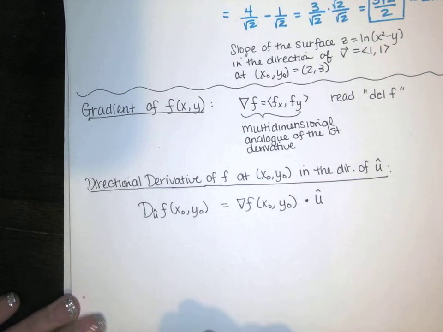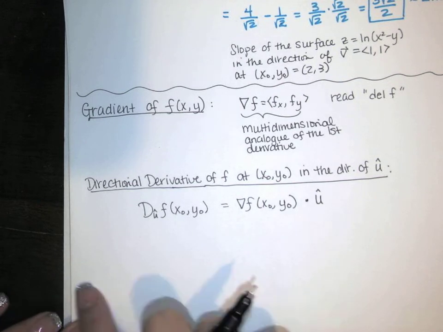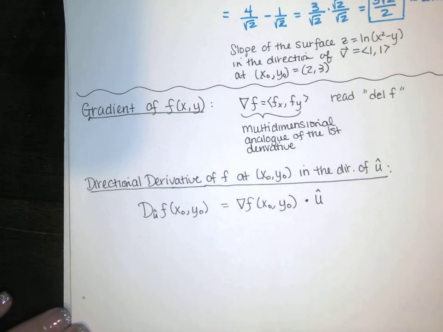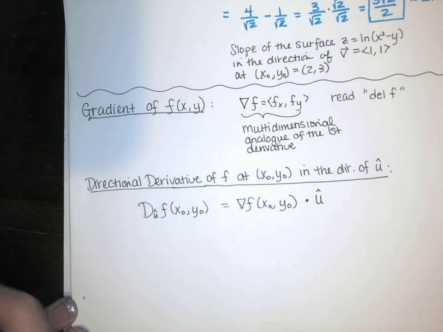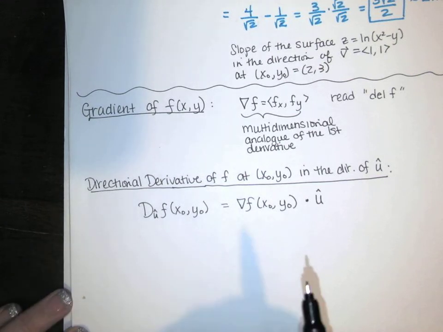Maybe it's a slope of a hypersurface in that direction for more variables, but we can't really see it because we can't graph in 4D. Okay, so that's the directional derivative. And the directional derivative, again, is giving you slope in the direction of u hat.